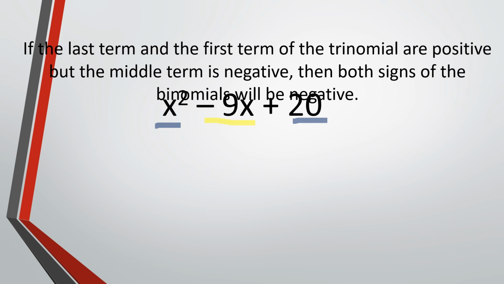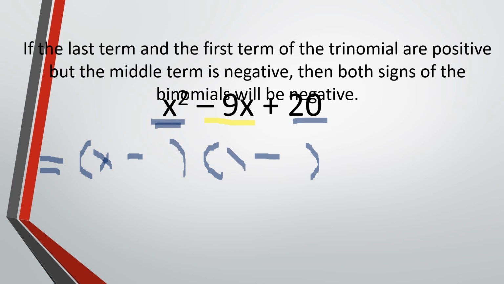Again, if the first and the last are positive and the middle is negative, the binomial factors should have a negative sign. We have here negative and negative. If you have x squared, then we have x and x. Now we have 20. Again, what are the factors of 20?